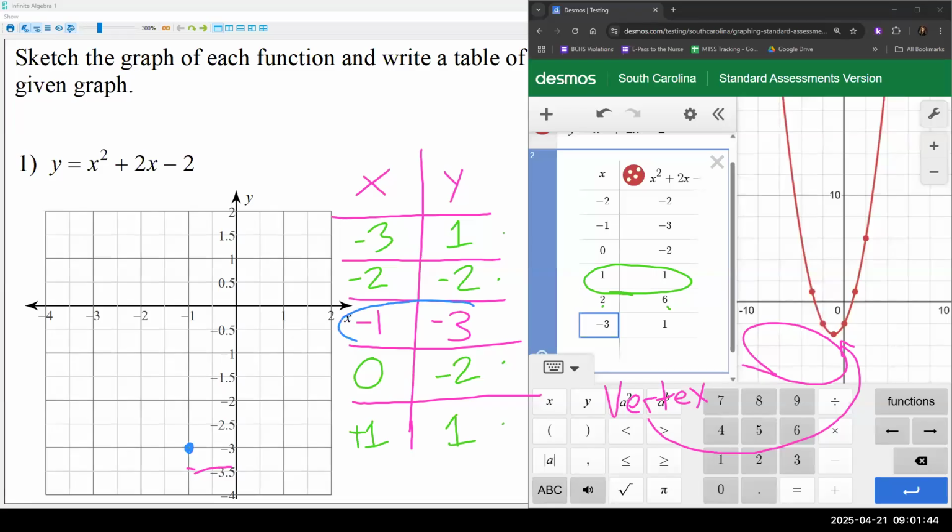That's this point. 0, -2 is right there. +1, +1 is right there. -2, -2. And then lastly, -3, +1.